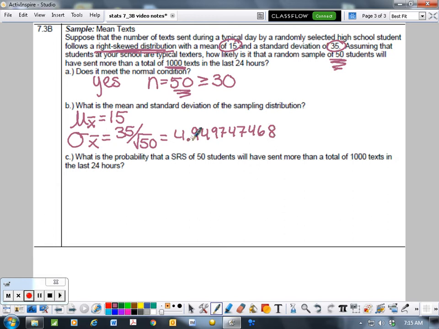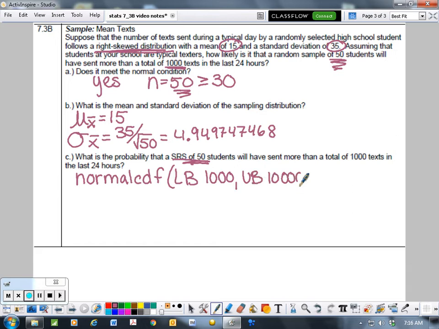So what is the probability that a simple random sample of 50 students will have sent more than a total of 1,000 texts in the last 24 hours? Well, now that we know it's approximately normal, we can use a normal CDF. The lower bound is 1,000. The upper bound needs to be something really, really big, so let's say 10,000.